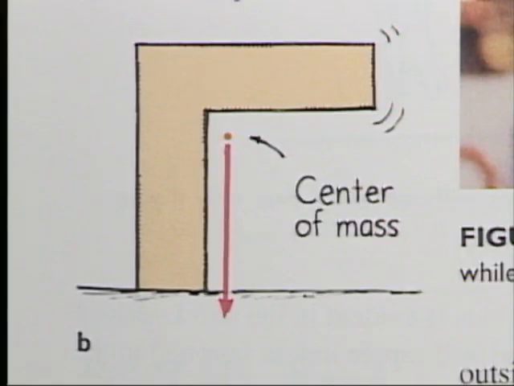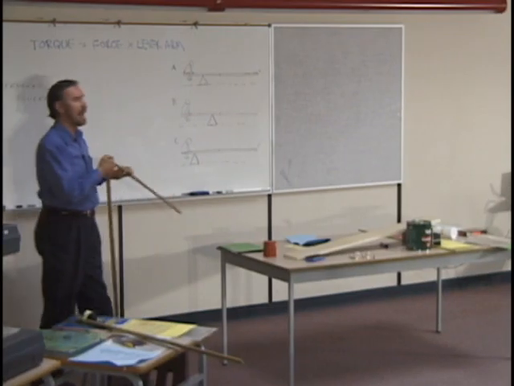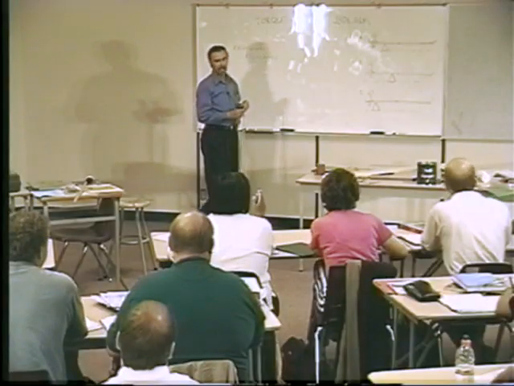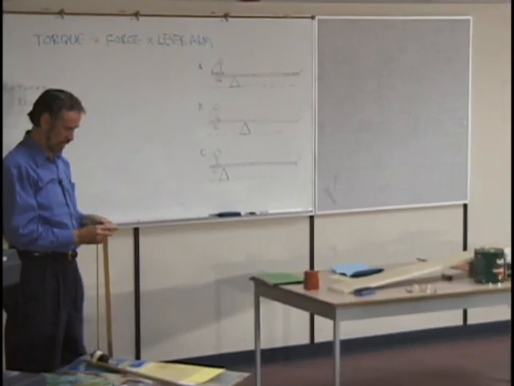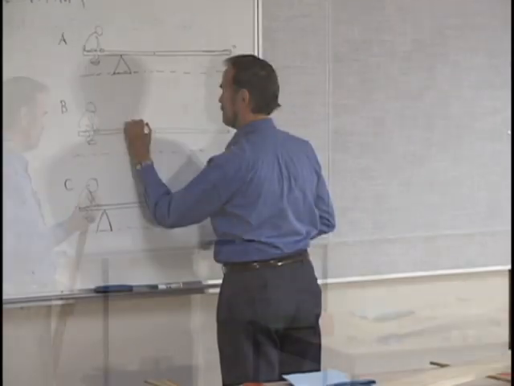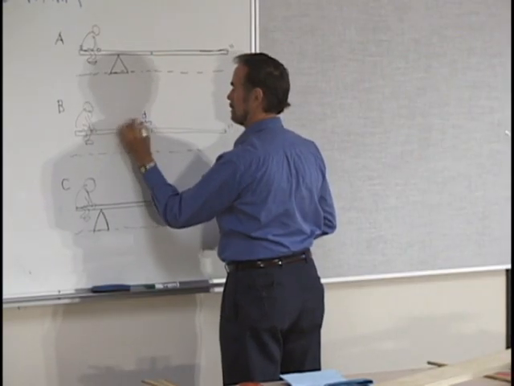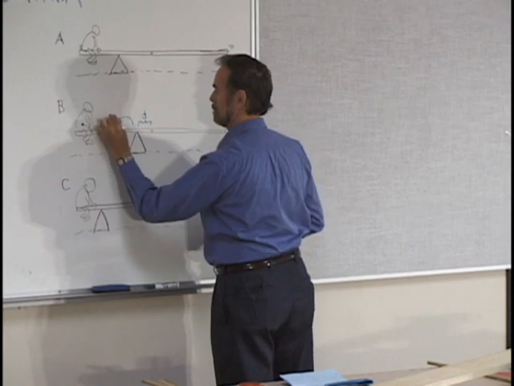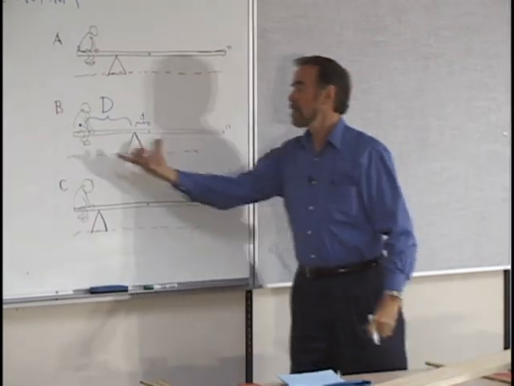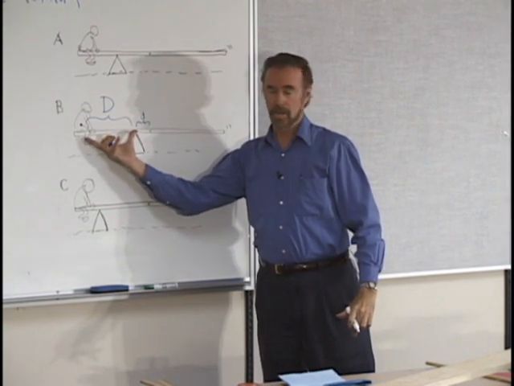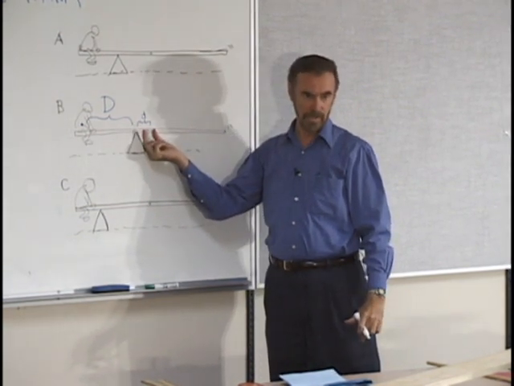Isn't that nice? In which case is the board heavier than the boy? Check your neighbor. This boy is at a big distance from the fulcrum. The center of gravity is a small distance from the fulcrum.